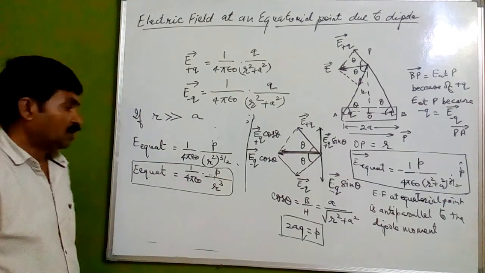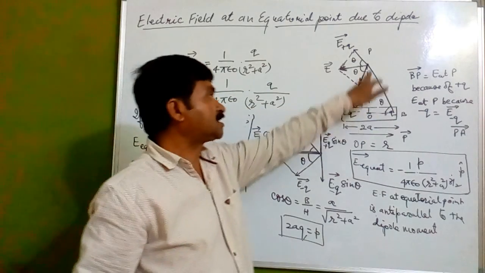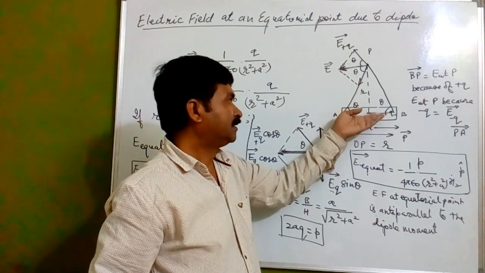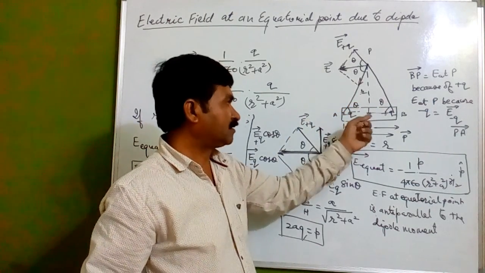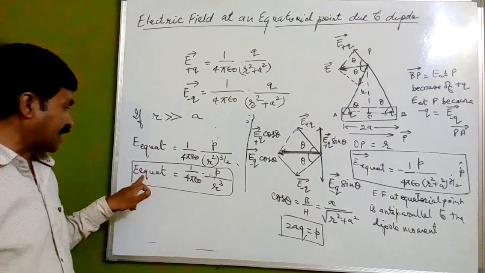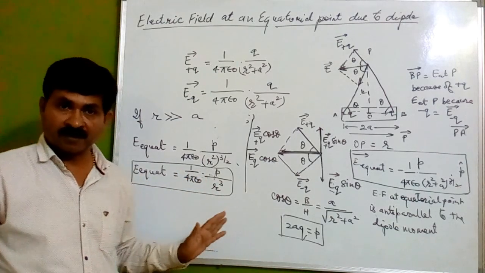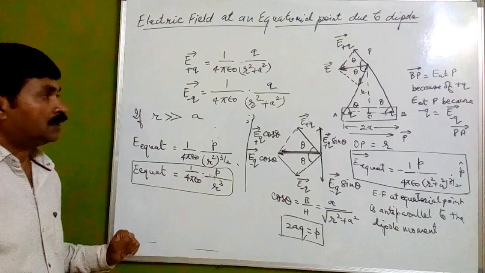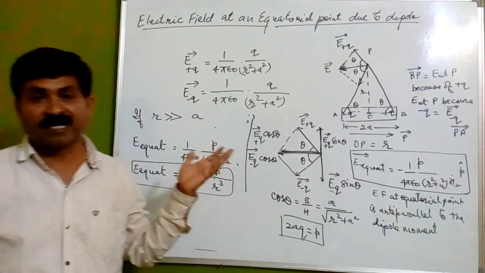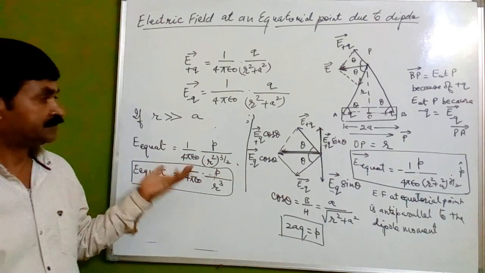So at the equatorial point, here we are having 2a, but we have taken r much greater than a, so E equatorial equals 1 upon 4 pi epsilon naught into P upon r cube. This way we can determine the electric field at an equatorial point due to a dipole.